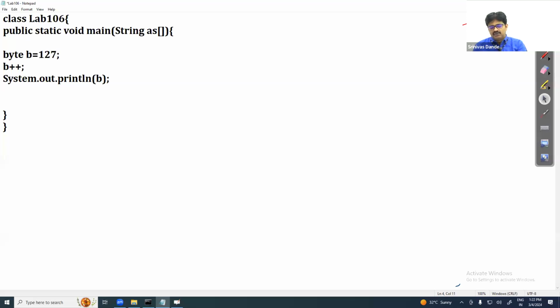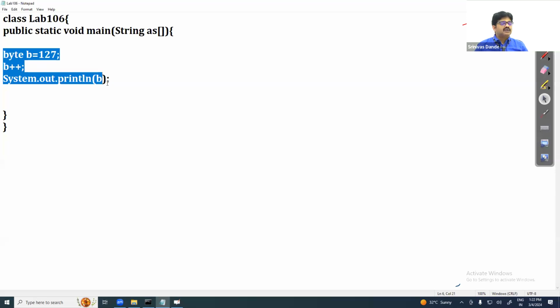Whatever the value, here 106 compiled. Can you tell the reason why 106 compiled? You should give an error, right? Why, Monica, Vishnupriya? Why is it giving error? Why is it running? No error in this.